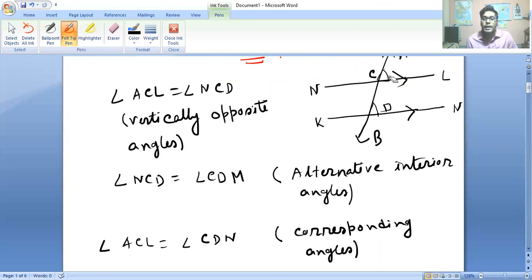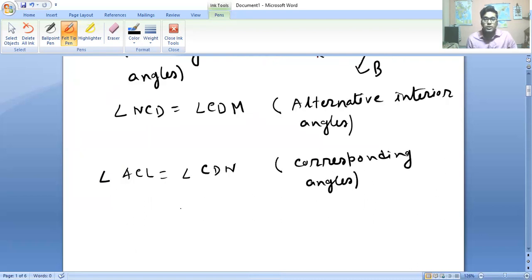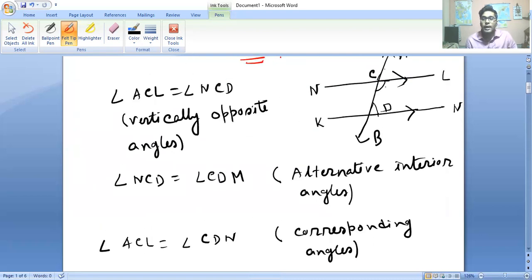And now we have allied angles or corresponding interior angles. So these two are called allied angles, okay? And their sum is 180 degrees.